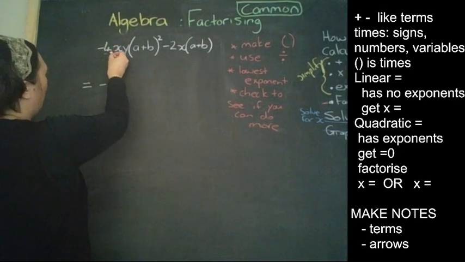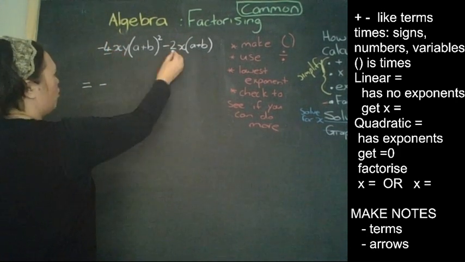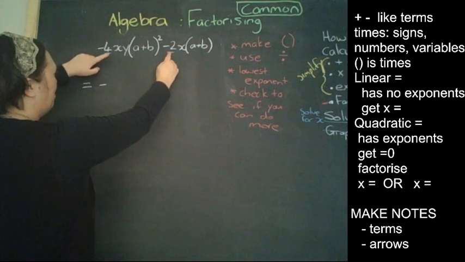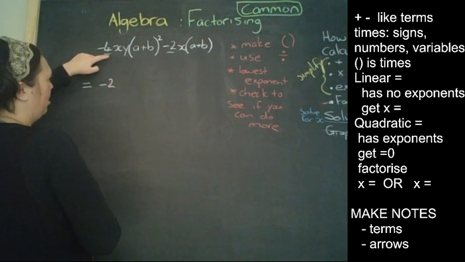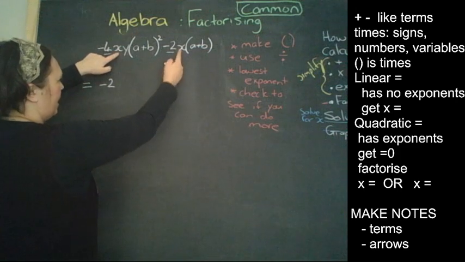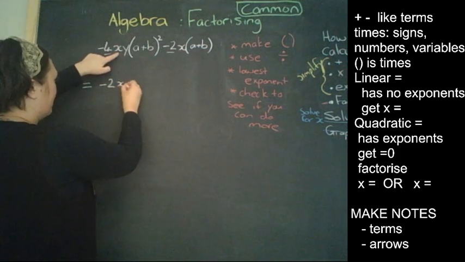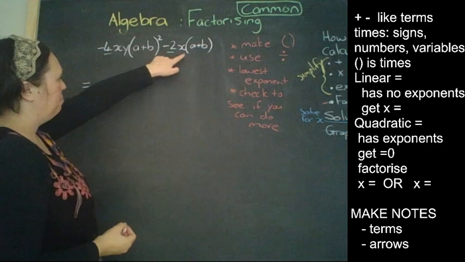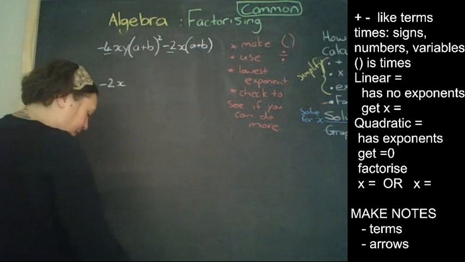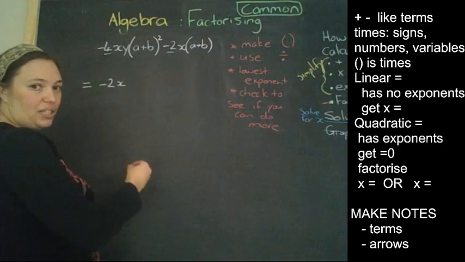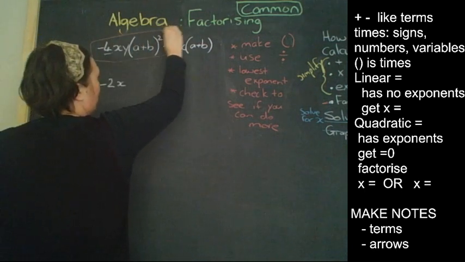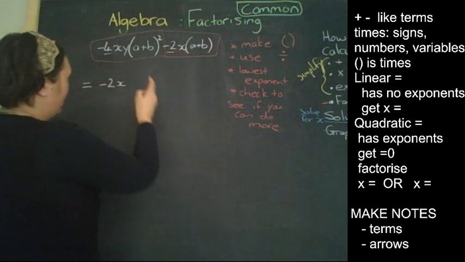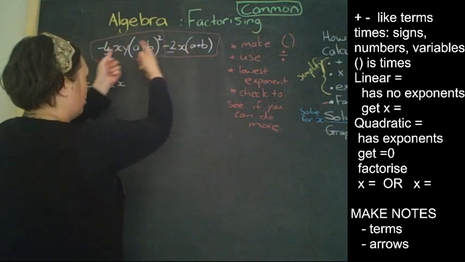Now 4 and 2. What is the common factor there? They can both divide by 2. X and X, they both have an X. Y, it doesn't have a Y. If you get stuck or confused, show yourself, that's my one term, that's my other term, so you can check which one's the same in these two.